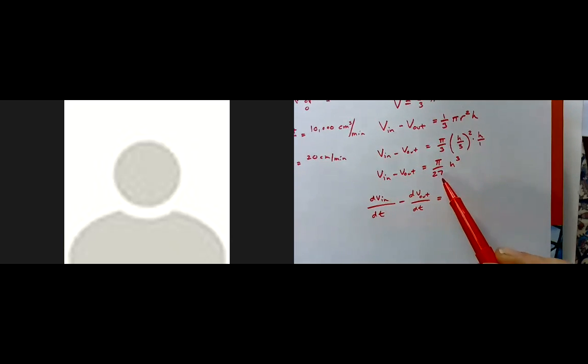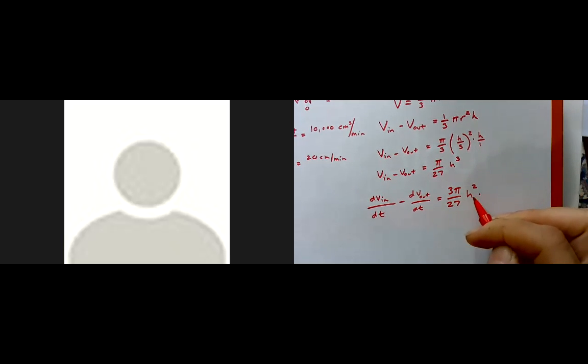Now notice, this is actually a lot easier to take the derivative, because if I'd left it r squared h, I would have had product rule and it would have been more complicated. So this is a simple one. The 3 comes in front. So I'm going to have 3 pi over 27 h squared times its derivative, which is dh/dt.